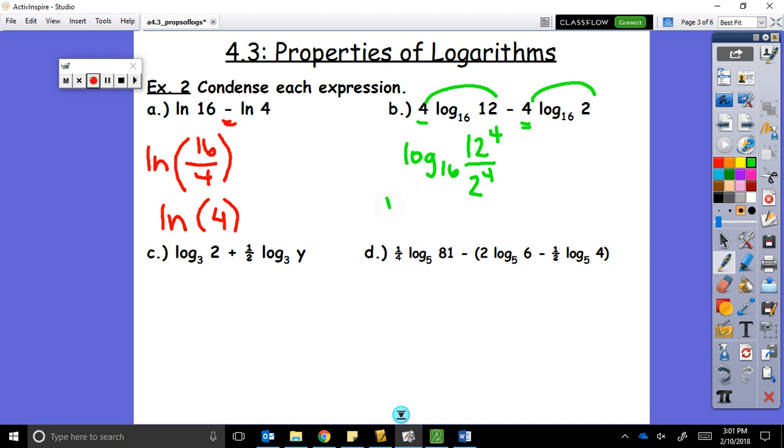So I have log base 16 of, I got 1296. Did you guys get that? All right, I want you to try C by yourself. Remember what plus turns into.